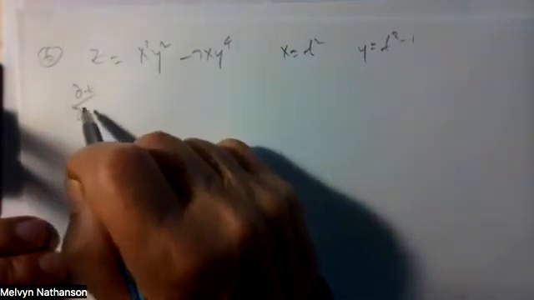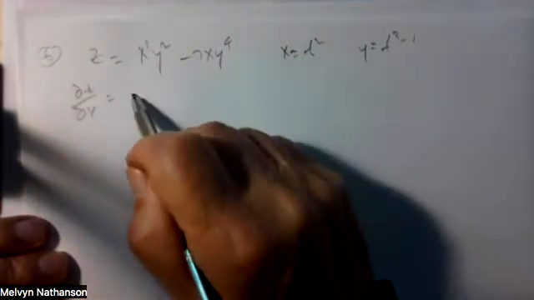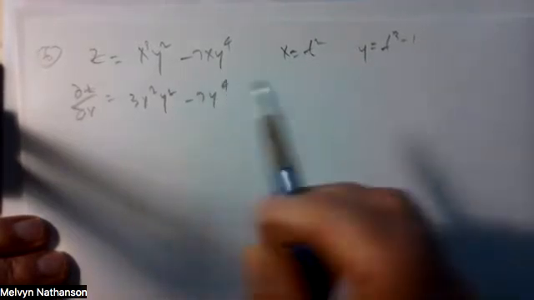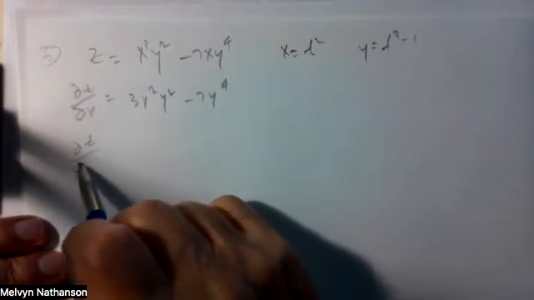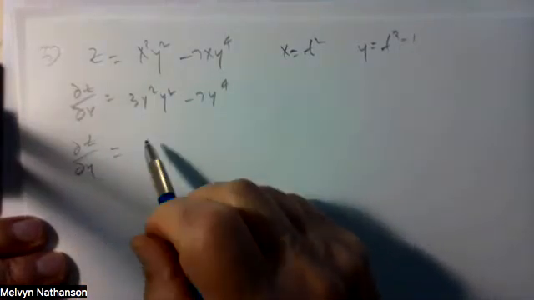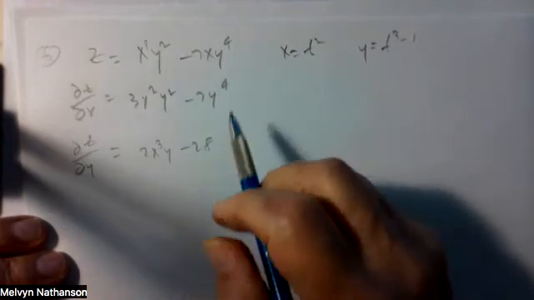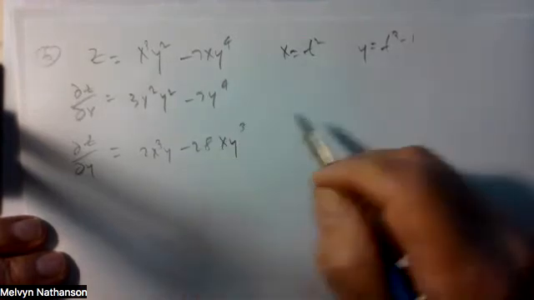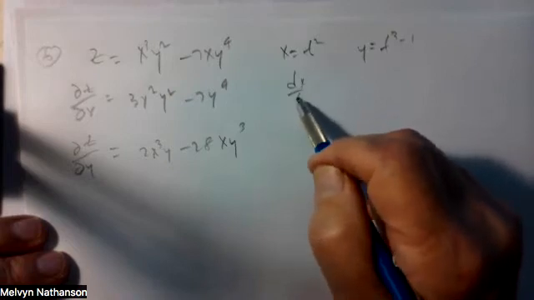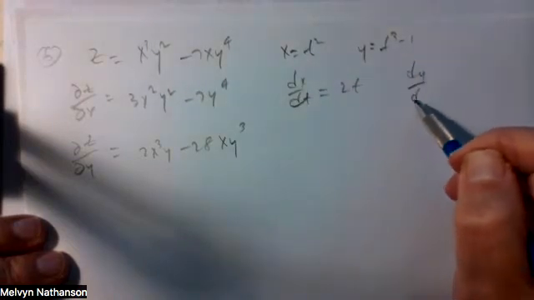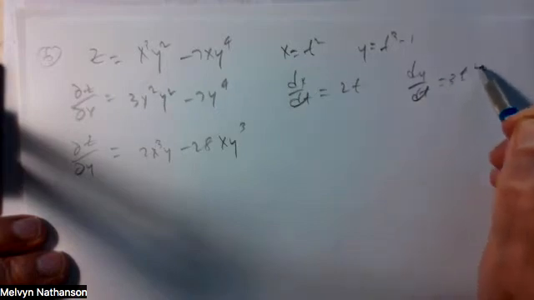The partial of z with respect to x is 3x squared y squared minus 7y to the fourth. The partial of z with respect to y is 2x cubed y minus 28xy cubed. The derivative of x with respect to t is 2t, and the derivative of y with respect to t is 3t squared.